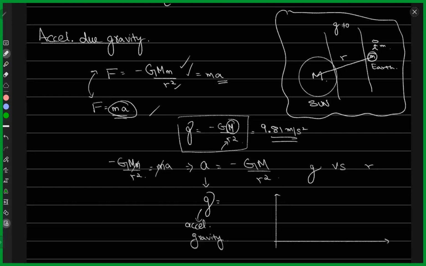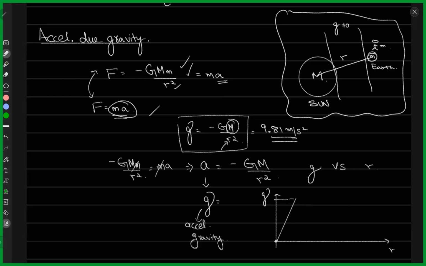You're not required to know how acceleration due to gravity changes as r changes, right? But the graph looks something like this. From the center of the Earth, the acceleration due to gravity is going to increase like this, and at the surface it has some value, which is 9.8 meters per second squared.